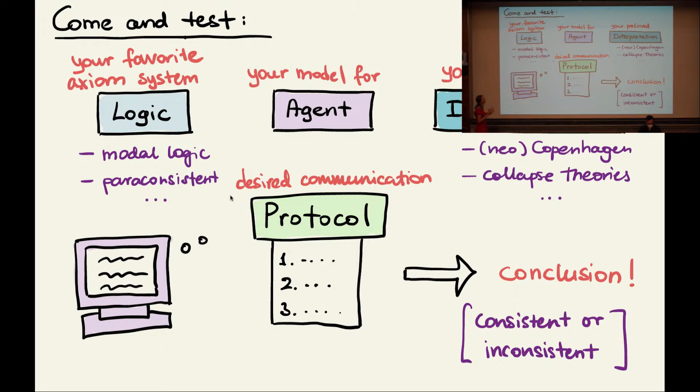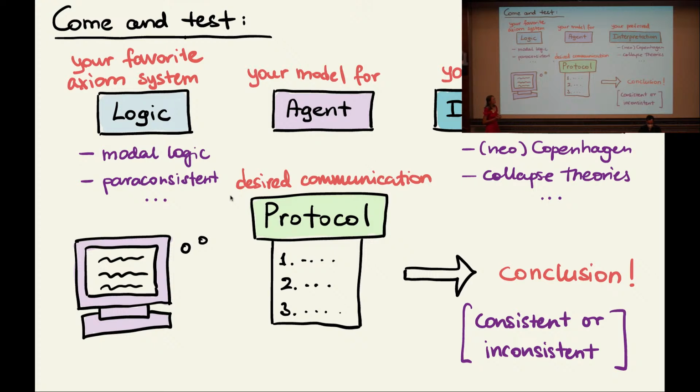You can modify the model of the agent. You can formalize your favorite interpretation of quantum theory. In fact, this tool, I think, is specifically a great motivation for people to formalize what they mean in different interpretations of quantum theory. Currently, we have two implemented, which are Neo-Copenhagen and collapse theories.